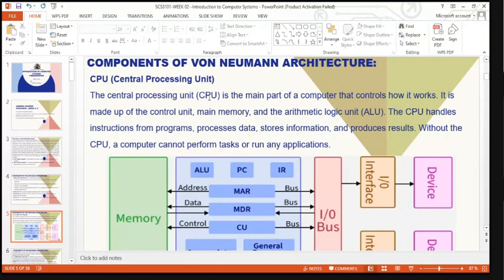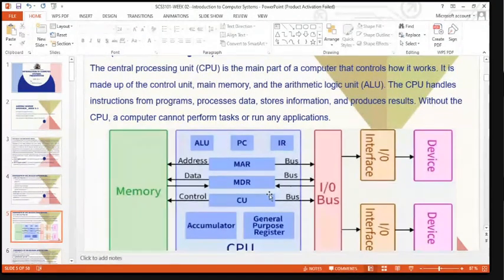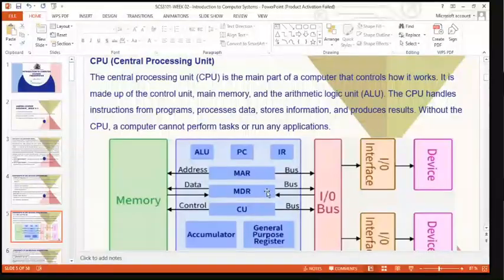The CPU also handles the instructions from the programs, processes the data, stores the information, and produces the results. Without the CPU, the computer cannot perform tasks.